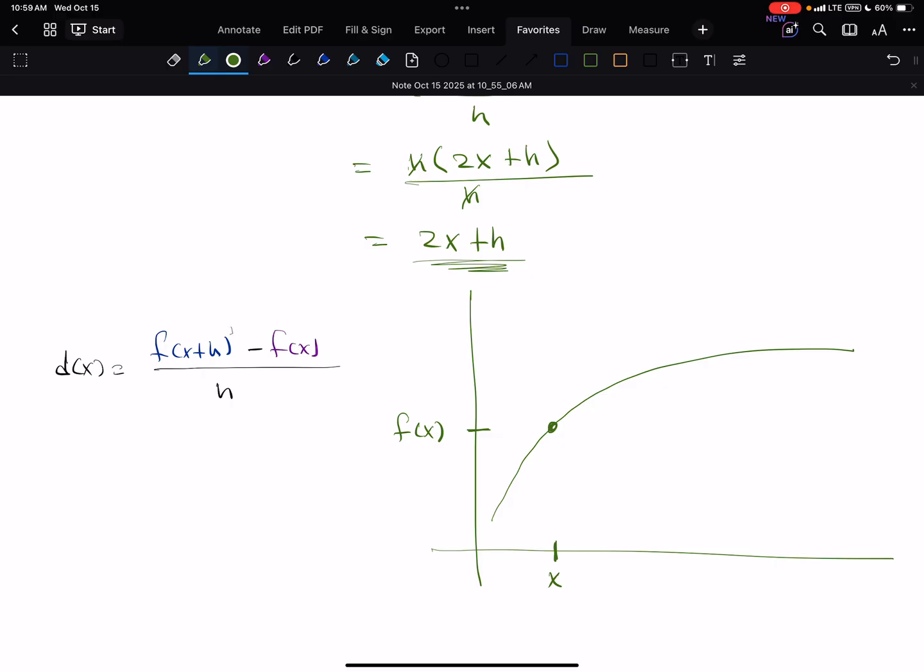Now, this x plus h, that is just some value h further along the x-axis, right? And f of x plus h is whatever y value is associated with that point, right?